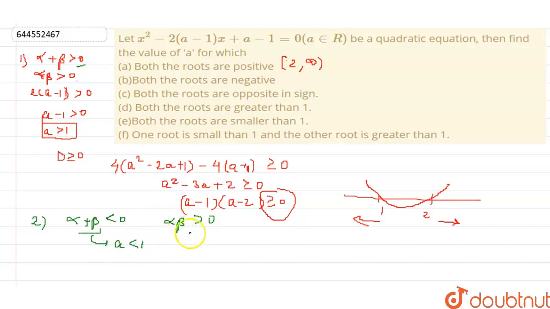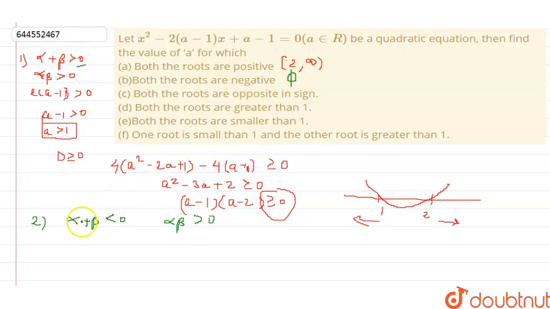And when we solve the other condition, then a is greater than 1. So both the conditions are contradicting each other. So when we take the intersection, this is going to become a null set, that is for no values this is going to exist.